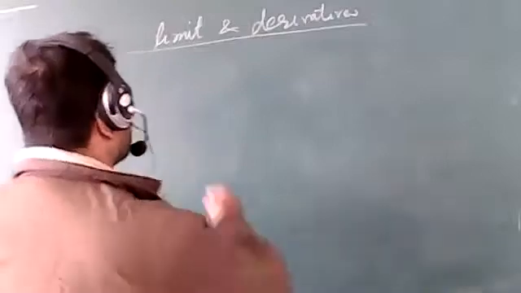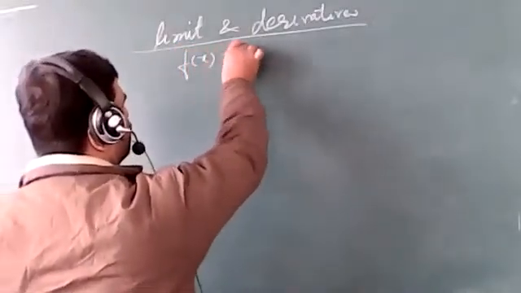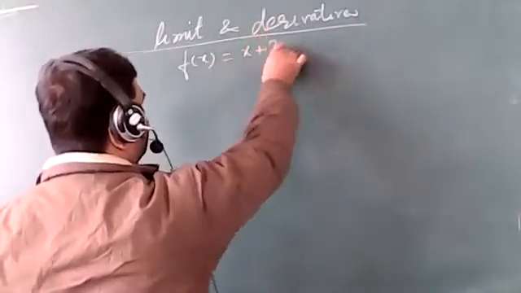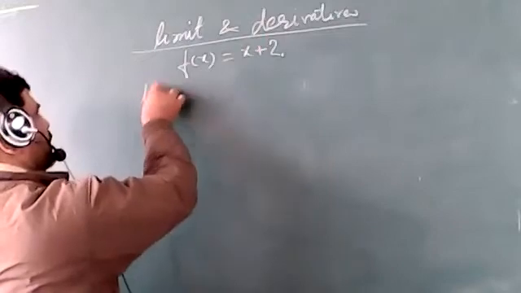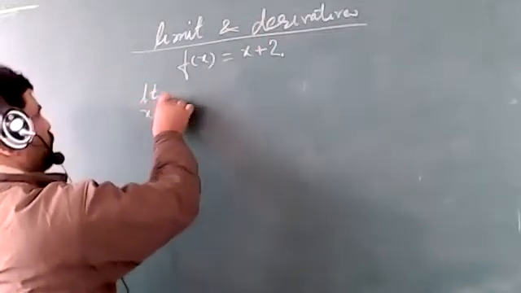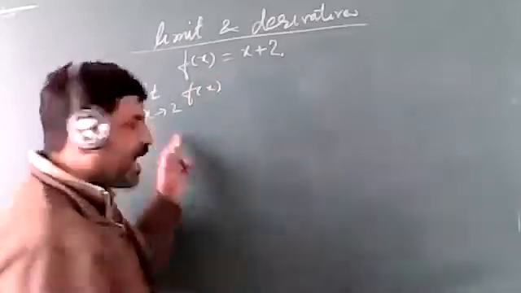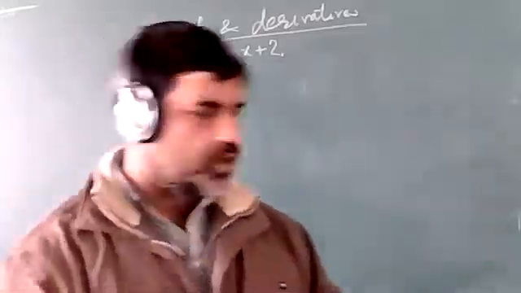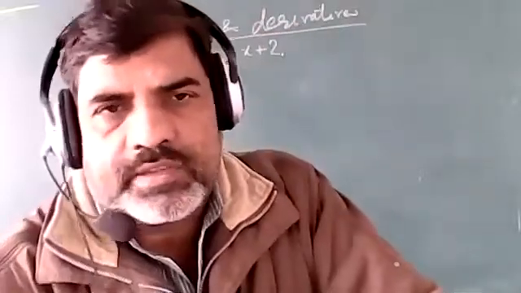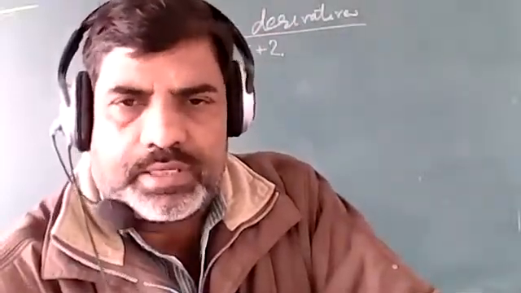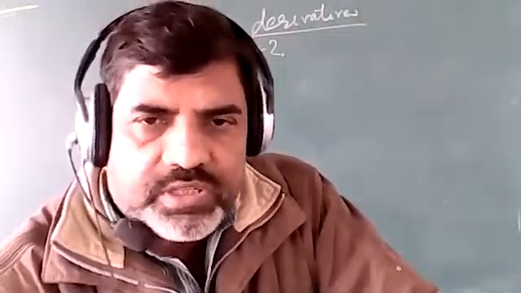So limit means, suppose I define any function f(x) equal to x plus 2 and we want to find its limit, x tending to 2, f(x). Please do not confuse limit x tending to 2 with x equal to 2. Both are slightly different. Tending to 2 means the value is approaching towards 2.